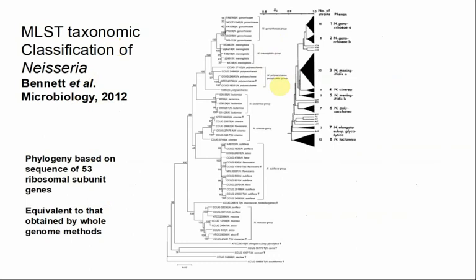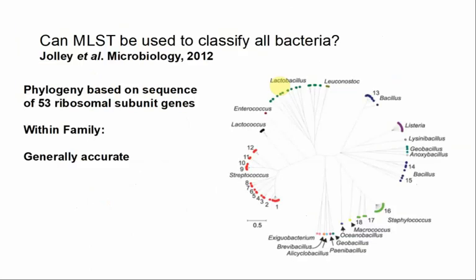Okay, so that pretty much works. That's pretty good for classifying different species within a genus. So we know which ones are closer to which ones. So how about using it to classify all bacteria? Is this going to work?